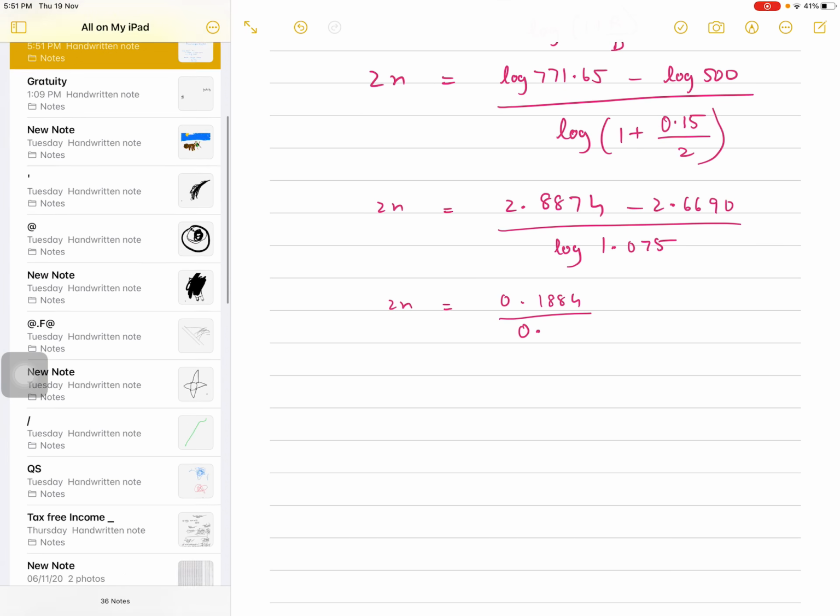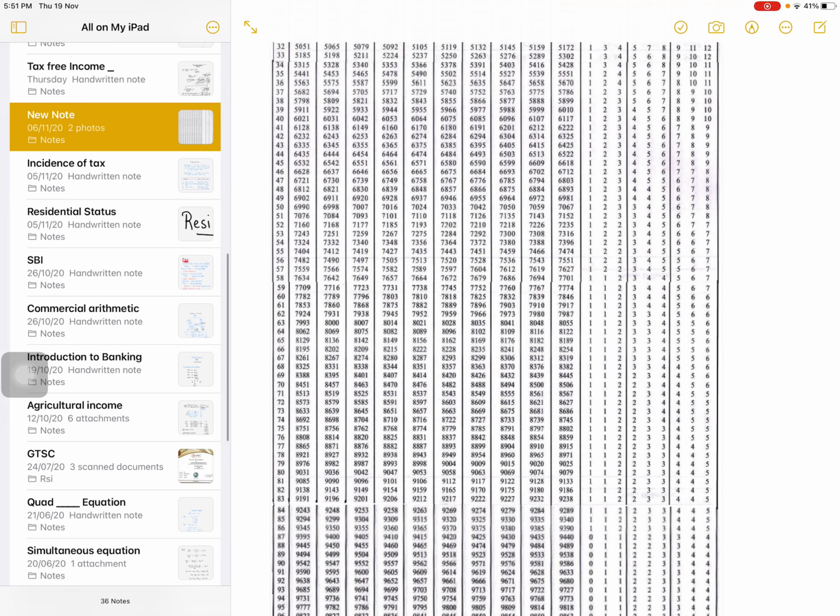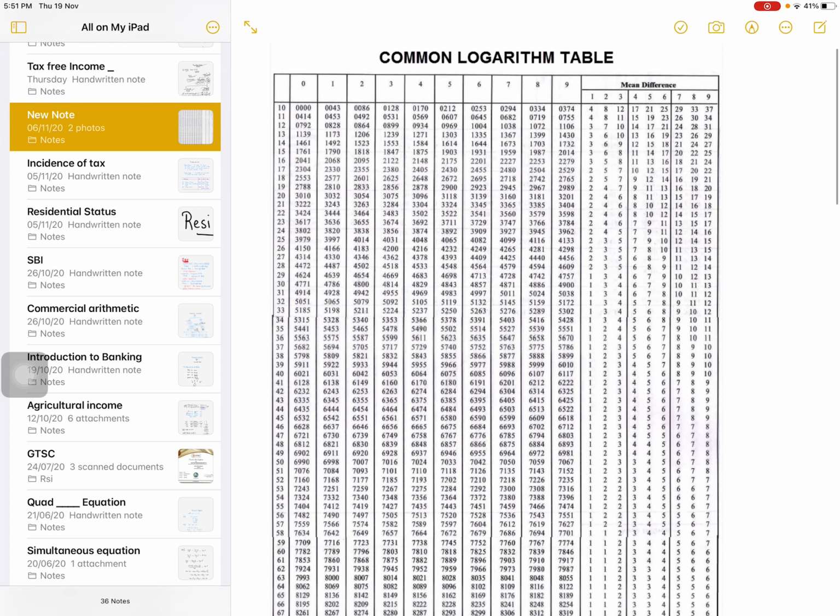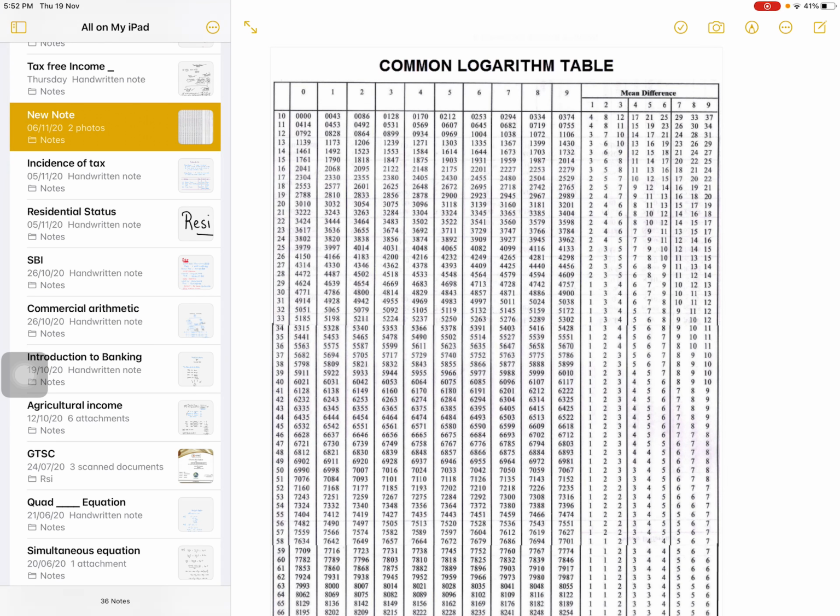Okay, let's check. 10th row, 7th column is 0294 and mean difference 5, which is 21.